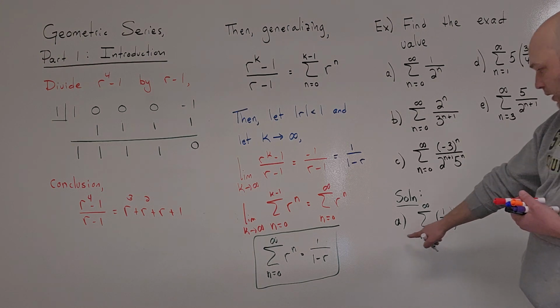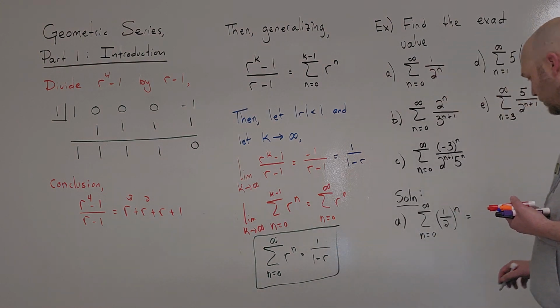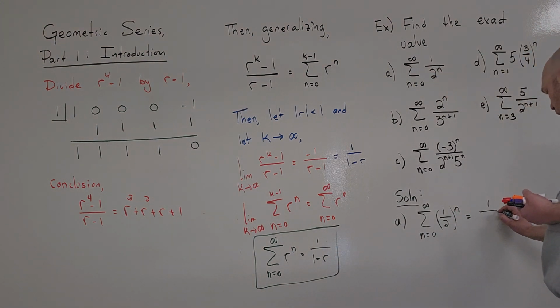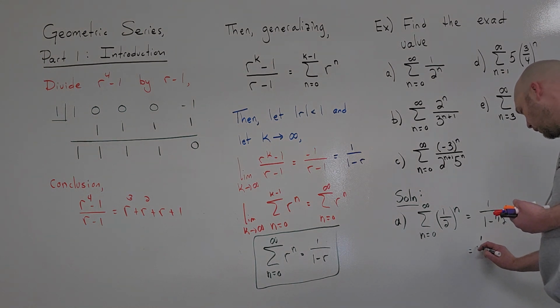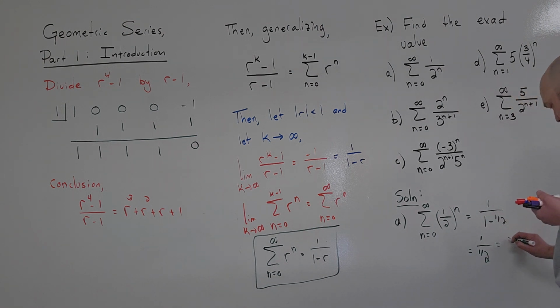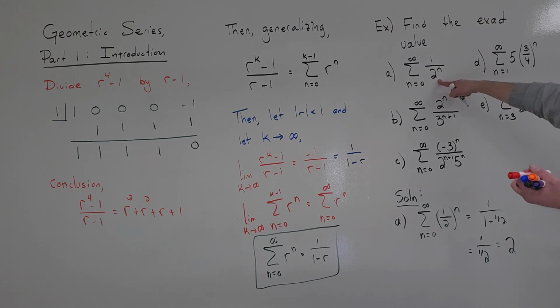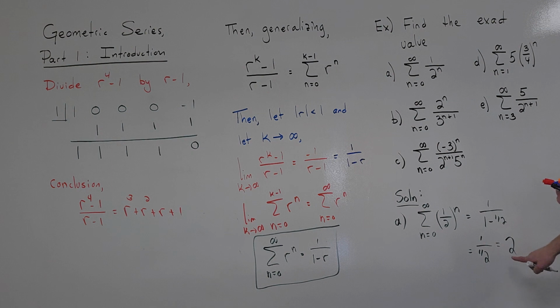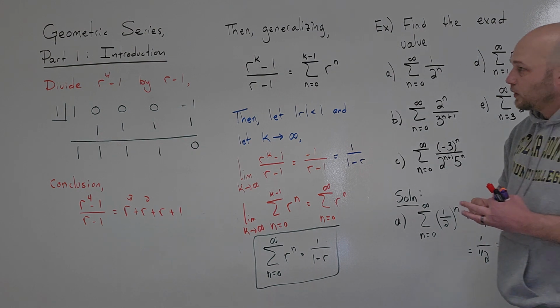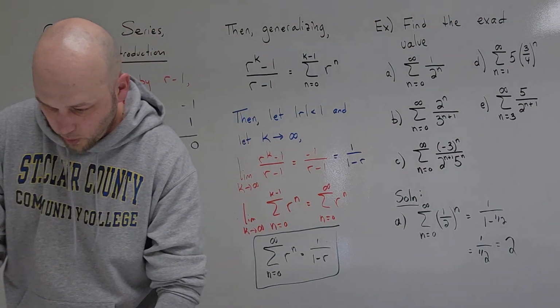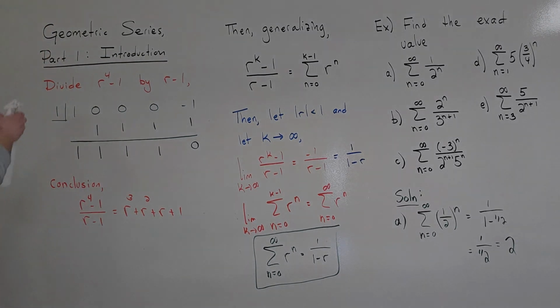So this would be the value that I plug into this formula, giving me 1 over 1 minus a half, which is 1 over a half, and 1 divided by a half would be 2. This infinite series then converges, because it has a finite value, and it converges to the value 2. Let's clean up the other side of the board, and let's work through the rest of those.